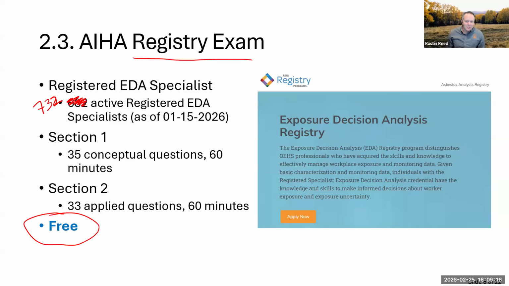You just need an email and you need to create an account, and then you can take the exam. It has two sections. I recommend that you complete the course first. That will prepare you to pass the exam. Once you take the exam, you will be listed in their registry. So it's another credential you can add to your name. That's great. But the most important part, obviously, is being able to use the tools effectively to protect workers.